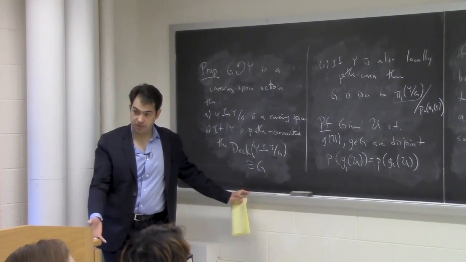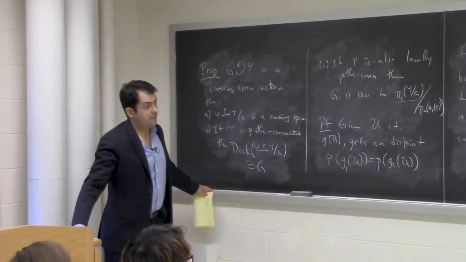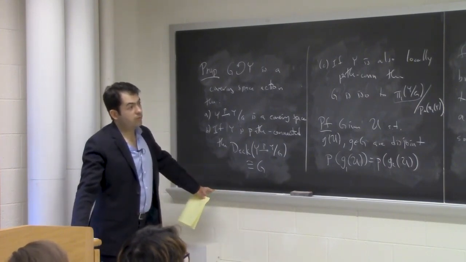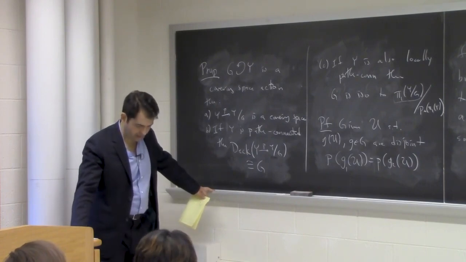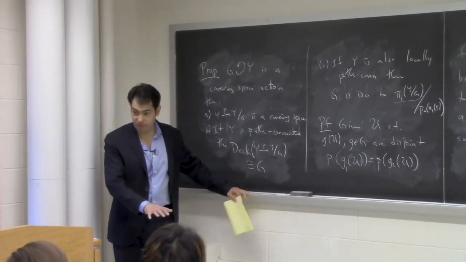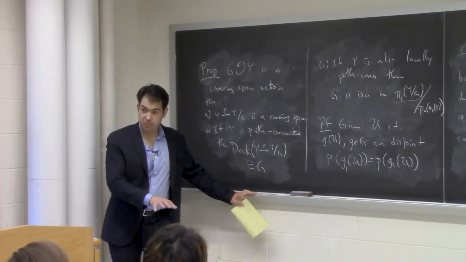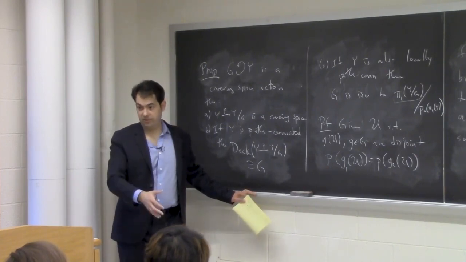I'm asking, can you start from downstairs? With the cover? We've sort of done that before, because what we showed was that if you give me a well-behaved space and any subgroup of the fundamental group, there is a cover that does that.